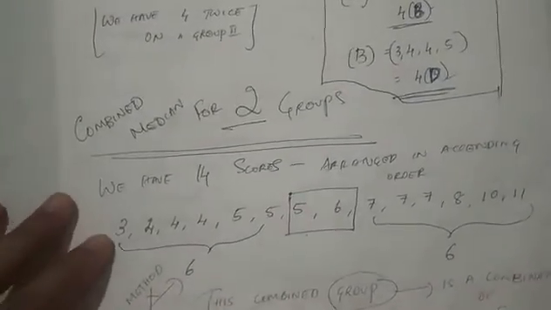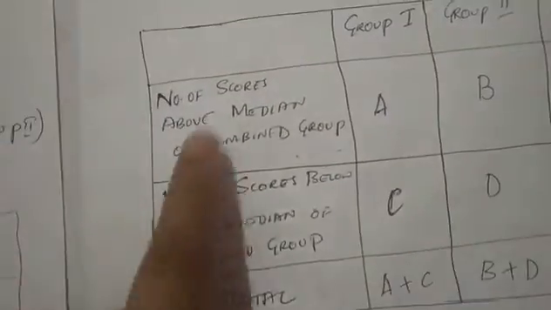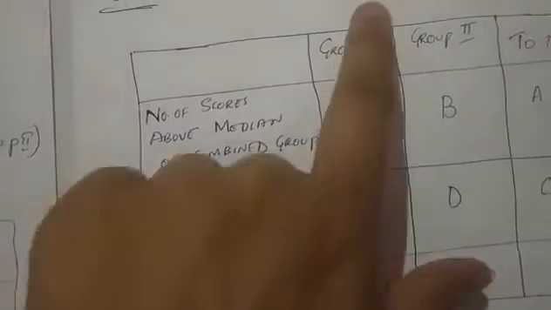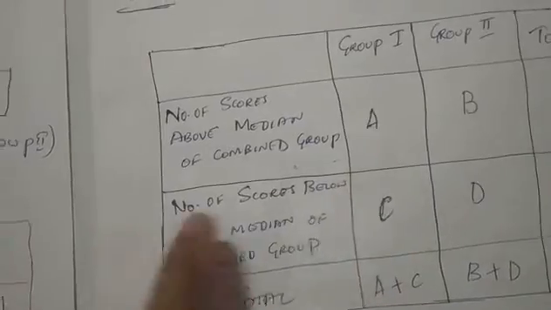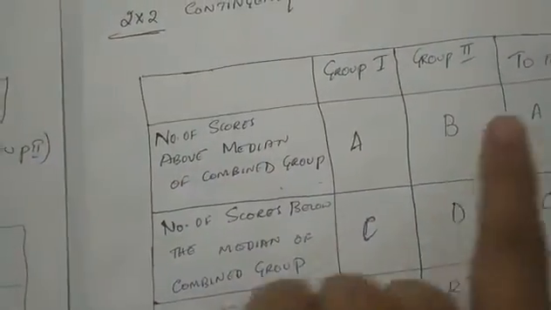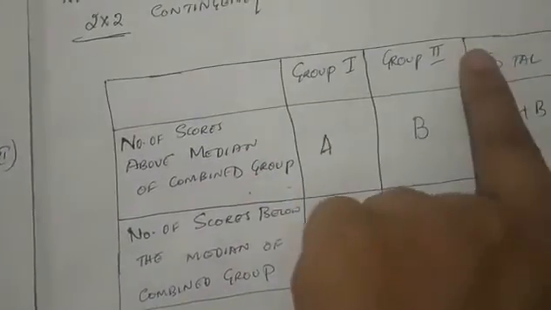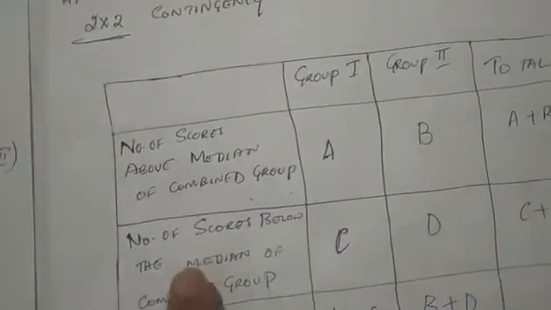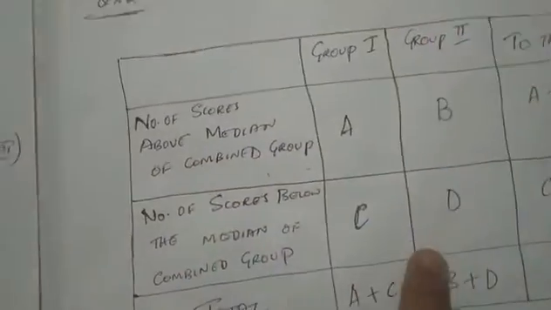So we'll repeat again so that there is no confusion. The number of scores above the median under group 1 is A, the number below the median under group 1 is C, the number above the median for group 2 is B, the number below the median for group 2 is D.